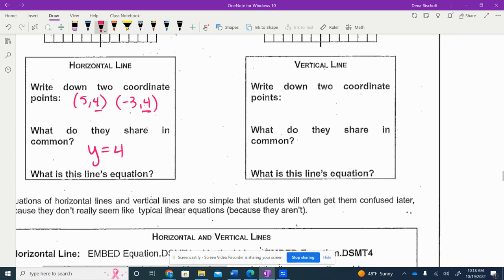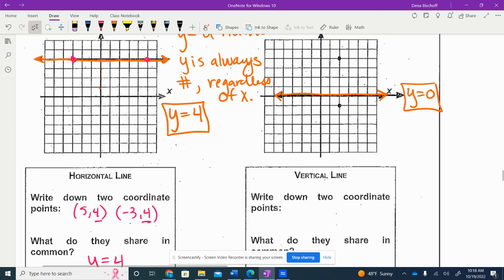Now let's talk about a vertical line. Let me draw a vertical line right here. If I were to put a vertical line right through these 2 points, and I were to look at the point here and here, this is the ordered pair 2, 4 and this is the ordered pair 2, negative 3.